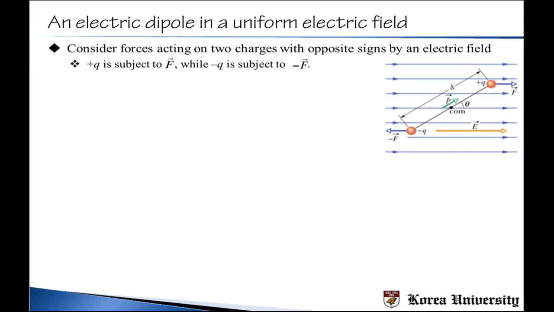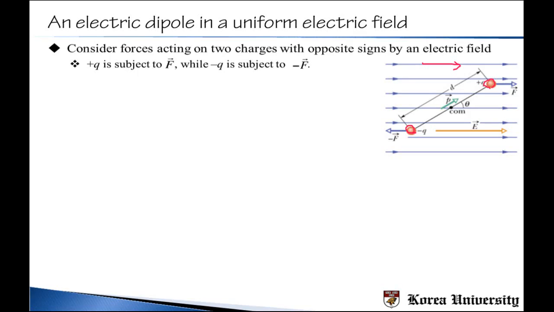Okay, and then let's see what will happen if you have an electric dipole located in a uniform electric field. Here on the figure on the right side, we have an electric dipole which is made of plus Q and minus Q, and then the electric field is going from left side to the right side.